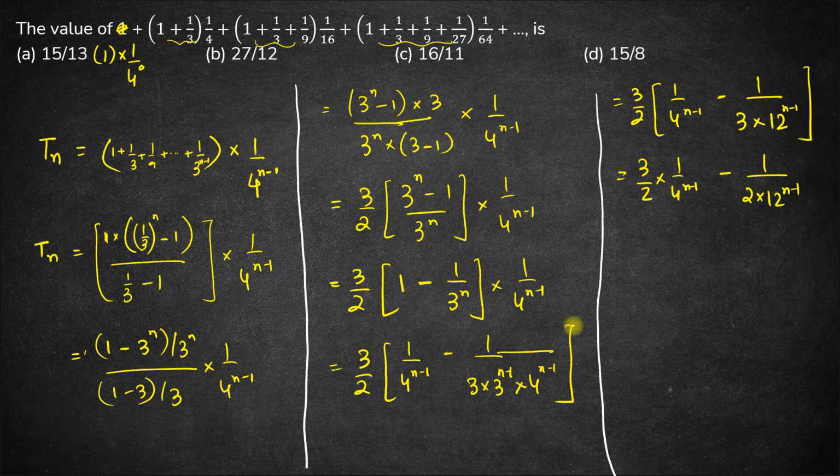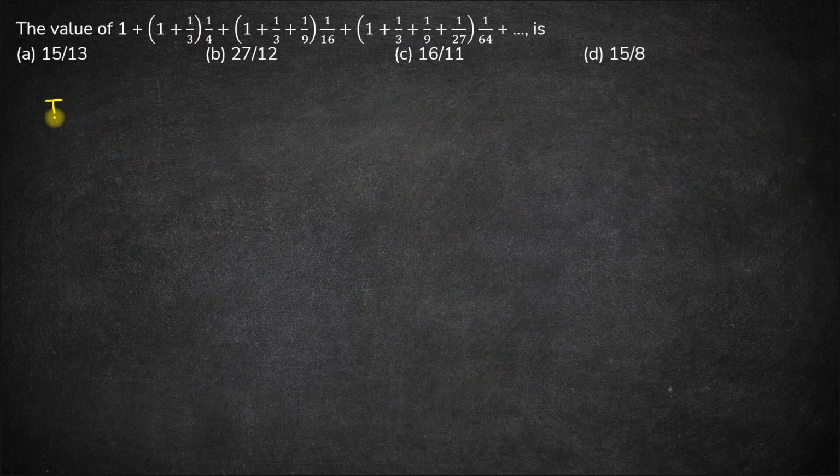Now let me erase this whole thing and I'll rewrite this thing again. So we had nth term is 3 by 2 into 1 upon 4 to the power n minus 1 minus 1 by 2 into 1 upon 12 to the power n minus 1. This is what we had. So now to understand things better, let me write few terms here.